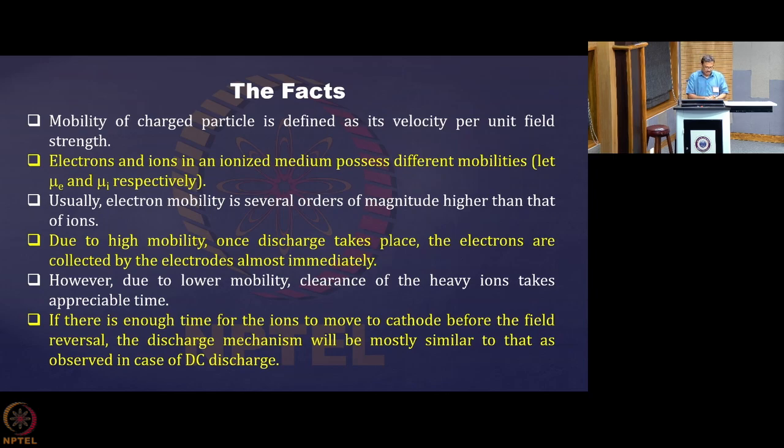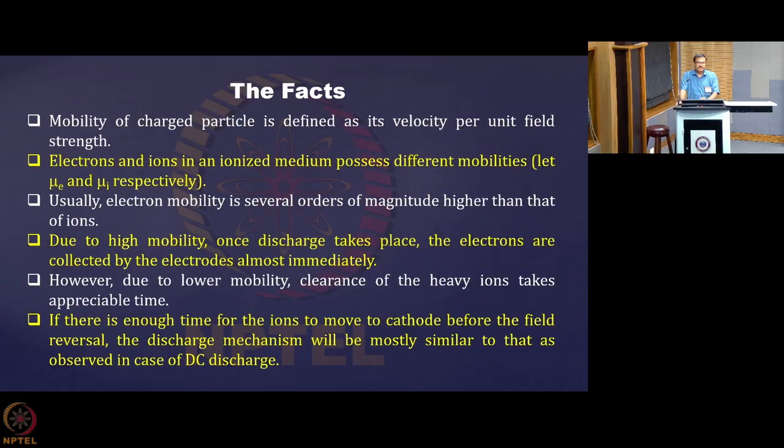Now, at this point, I would like to make you remember that the electric field produced by a charged particle, we all know Coulomb's law. It is 1 by 4 pi epsilon 0 q by r square, where r is the distance. Now, you understand that one charged particle is producing that electric field.